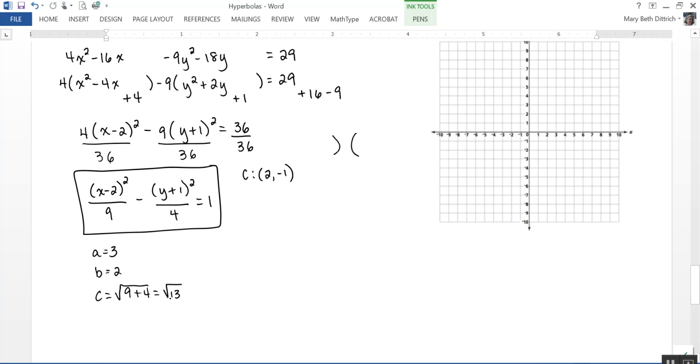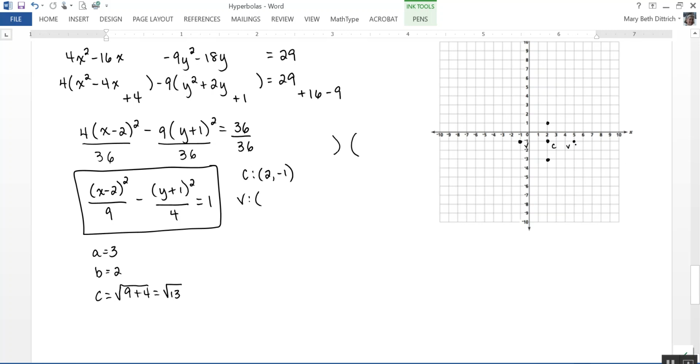Let's go ahead and start graphing. So 2, -1 is my center, and I know that it's going to open left, right, so my vertices are going to be a units to the left or to the right. Okay, center, vertex, vertex, co-vertices, up 2 and down 2, and I'm going to go ahead and write those before I lose track and start drawing more stuff.